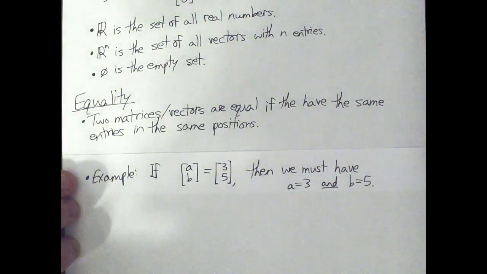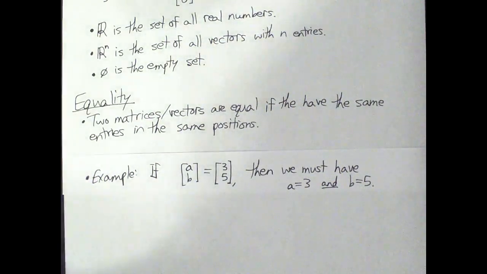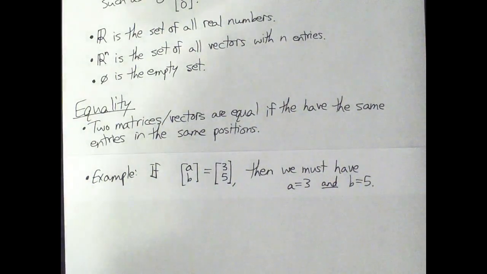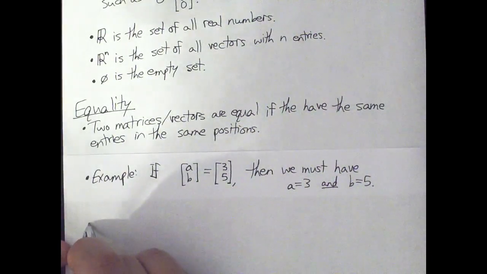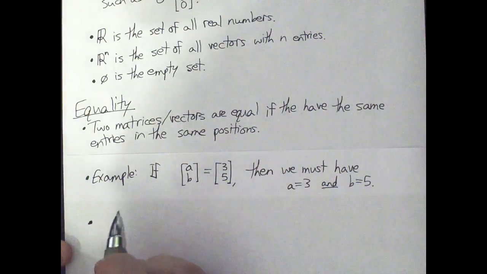Both of those things would have to be true to say that these vectors are equal. They have an equal symbol in between them. All right, same entries in the same positions.